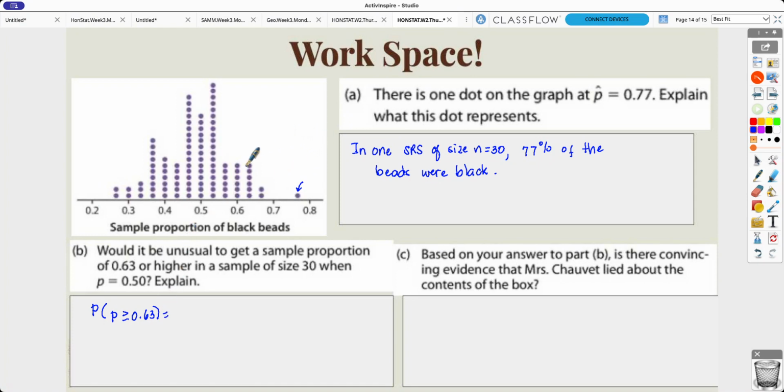This is your 0.63 right here, so we're looking at this part, 0.63 or higher. That would be 1, 2, 3, 4, 5, 6, 7, 8, 9. So the probability would be 9 out of 100 SRS, which is equal to 9%. So is it unusual? We say no.